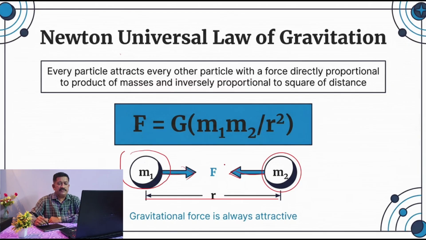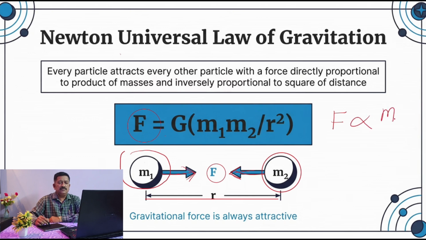So the force of attraction, in all the places, the forces are in opposite directions. One is towards the left and another is towards the right. So it is always in the opposite direction. That total amount of force can be calculated by using this universal law of gravitation.